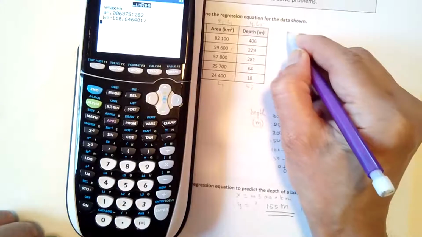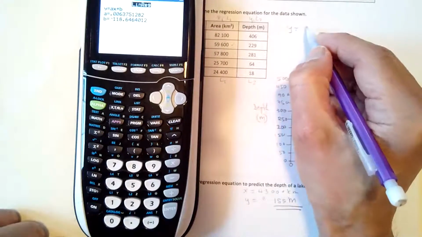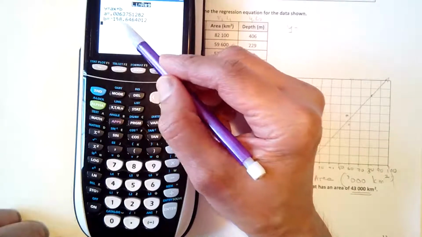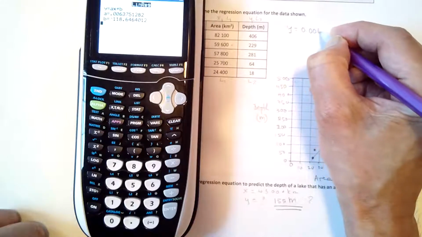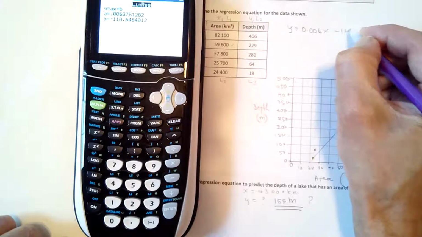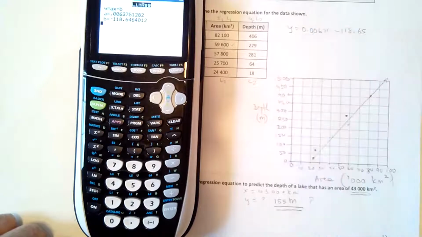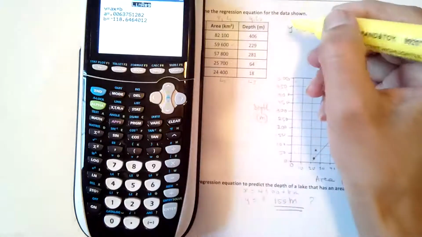We have y is equal to, wherever the a is, replace it with the value for a, which is 0.006x minus 118.65. So this is my linear regression equation.